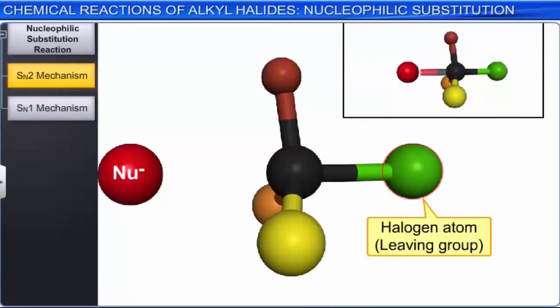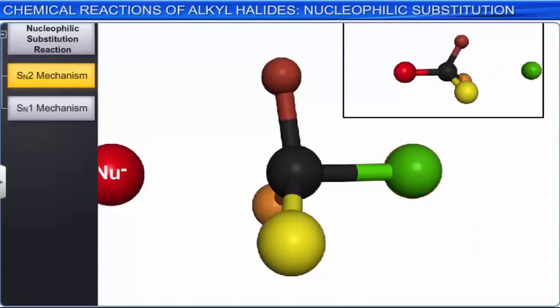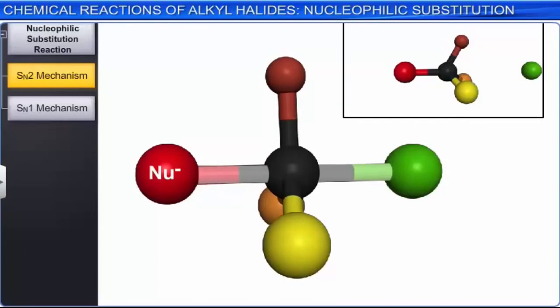The leaving group leaves simultaneously. This is described as a concerted mechanism. That is a one-step mechanism because the new bond between the nucleophile and the carbon atom forms at the same time as the carbon-halogen bond breaks, as shown in the pentacoordinate transition state.